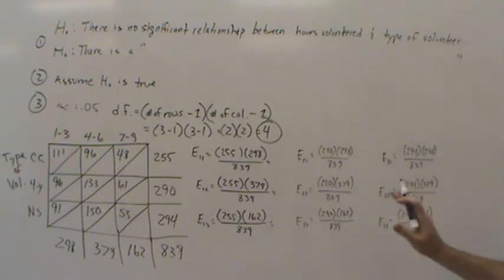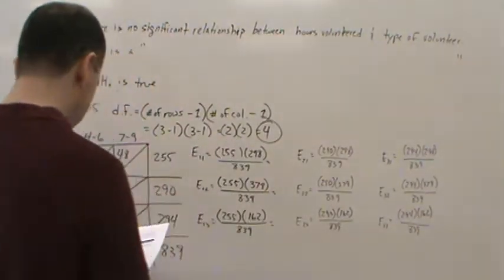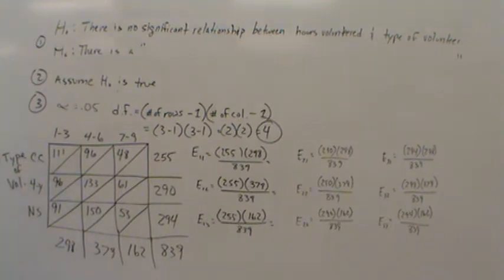And so if you calculate all of these, which I'm going to do right now, I'm going to calculate these and put them into the cells. And I would suggest you do the same. Make sure that you get the correct numbers. And I'm going to go out to 1 decimal place.